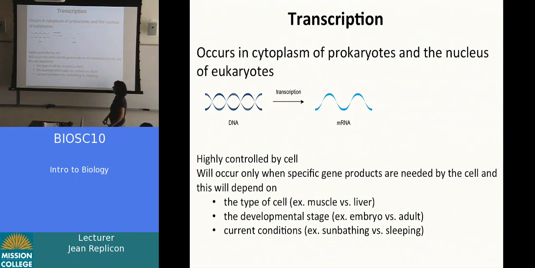Muscle might need actin fibers for extending and contracting. Liver might need an enzyme. What developmental stage is the individual at? Are they an embryo? Are they adult, for example? What are the current conditions? Is the individual laying in the sun? Is the individual sleeping? Because there's different things that are made during the different day cycle.